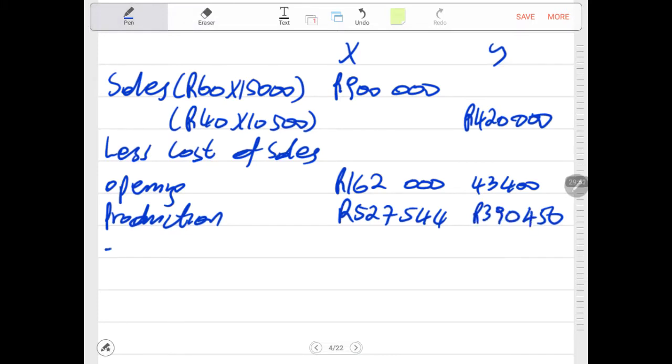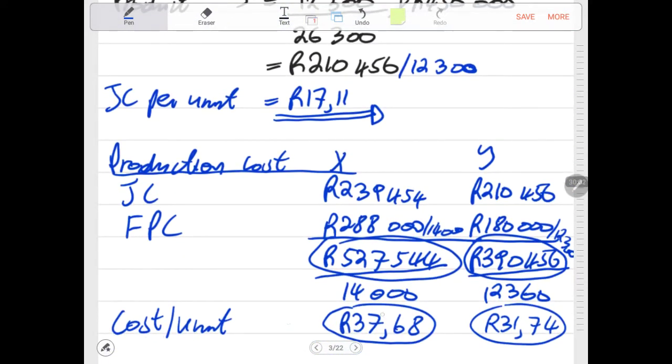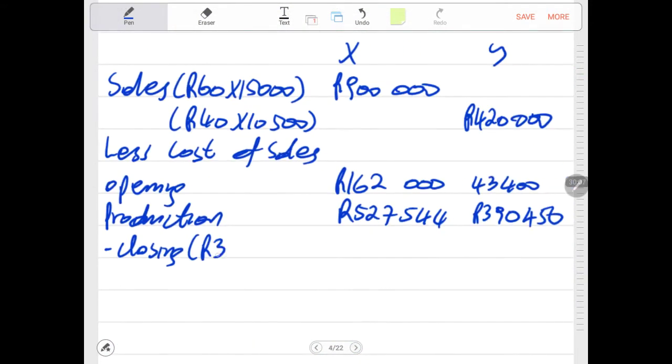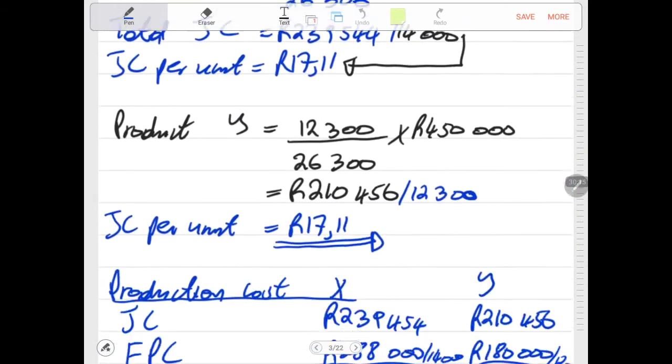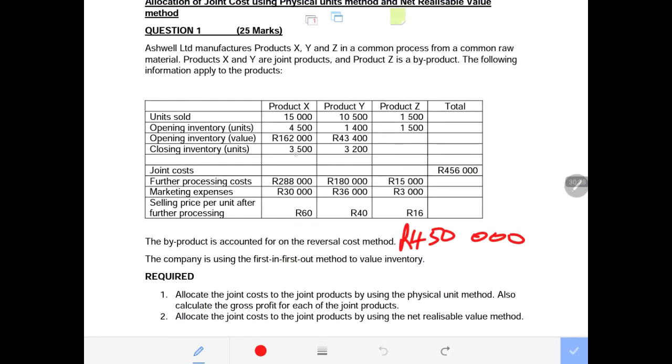Then we less our closing. Our closing inventory will be at the cost of production per unit of the current year. Our cost per unit is 37.68 rand for product X. So we say 37.68 by the number of units that were left at the end of the year, and I think it was 3,500 for product X, which is the units that were there at the end.